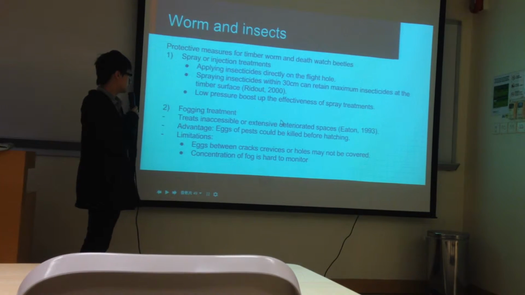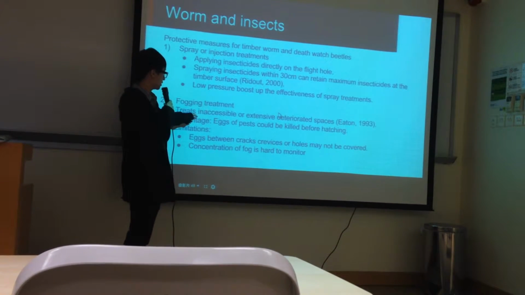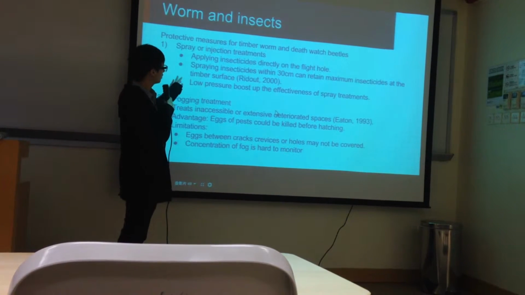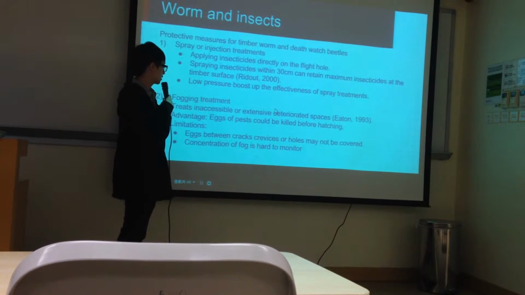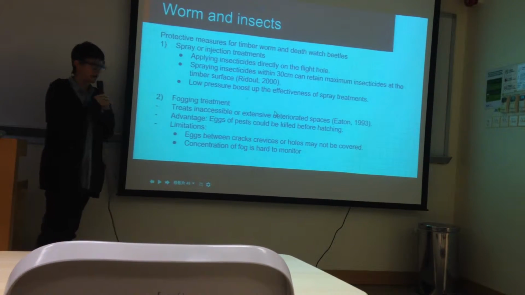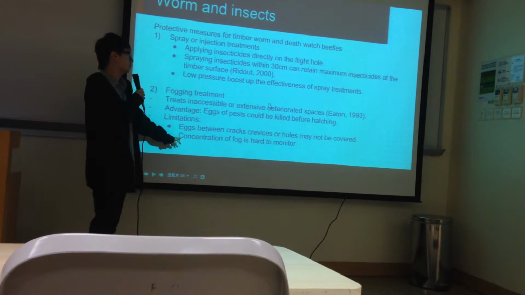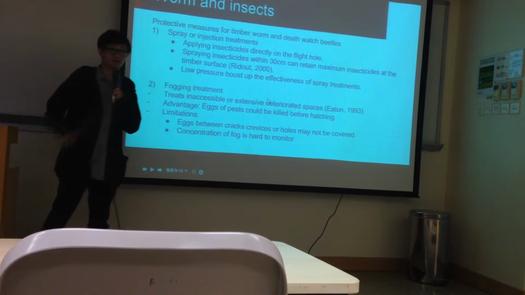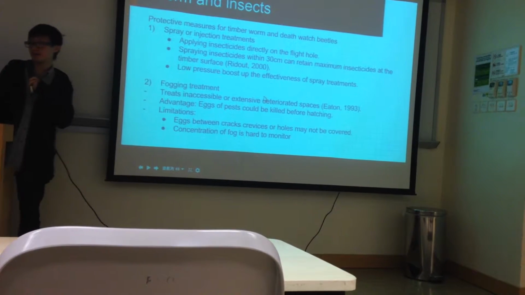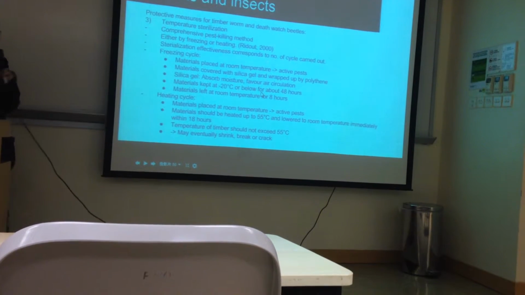The advantage of fogging treatment is that it can enter inaccessible places that spraying treatment cannot enter, and it can also kill eggs of the pests before hatching. However, it has some limitations, and the major one is that the concentration of fog is very hard to monitor. It depends on the environment and general atmosphere.